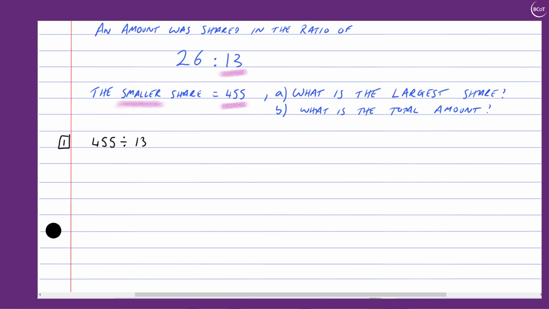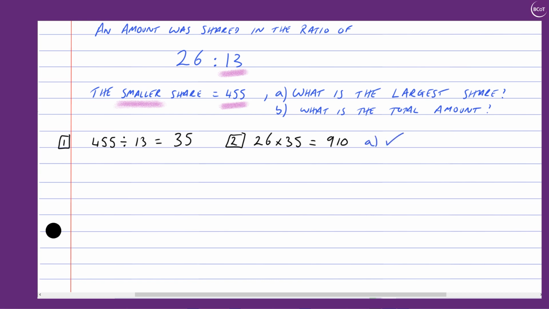In this case 455 is the smaller share, so that relates to 13 parts, which is the smaller part of the ratio, and that equals 35. Step 2, we need to multiply the other part of the ratio by 35, so 26 times 35 is 910. So now the ratio really looks like 910 to 455 if we wrote it out differently.